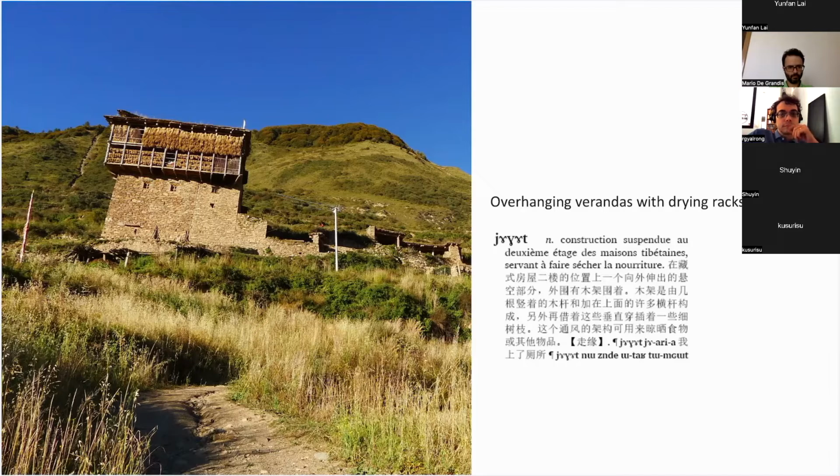They also built their toilet in this place. And the layout of the cantilevered verandas is the result of adapting to the local environmental factors. So this kind of topmost area has the best ventilation of this building, and it is the ideal place for hanging their harvest.